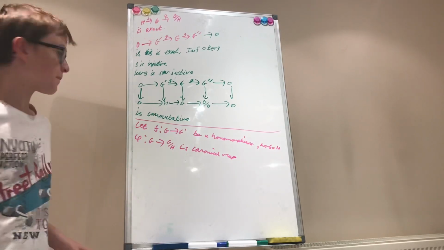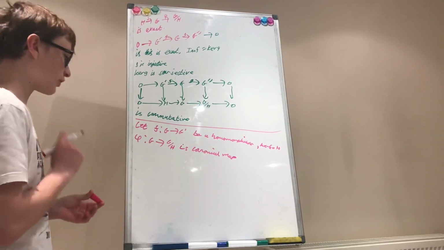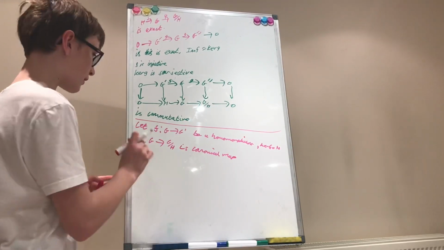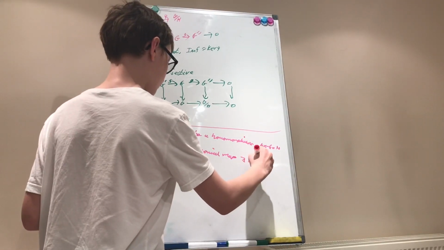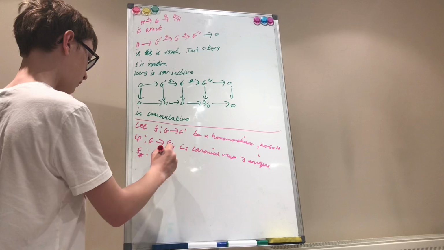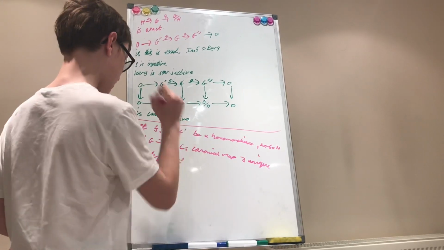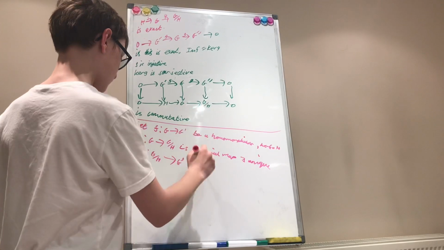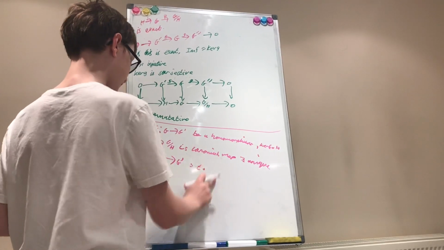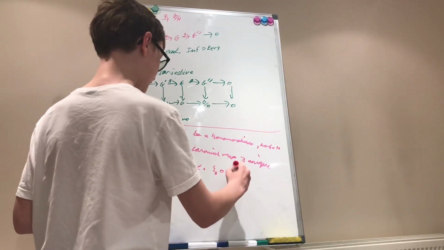I claim that there is a unique map, f star, which takes you from G mod H into G prime, such that f star compose phi is equal to f.